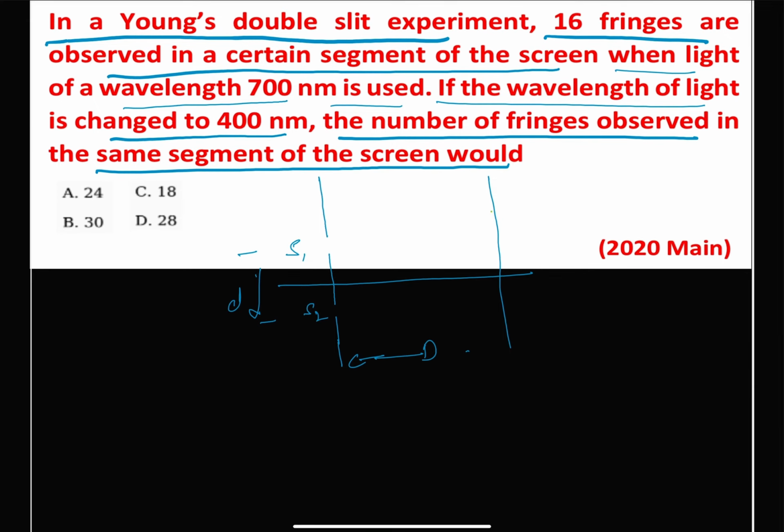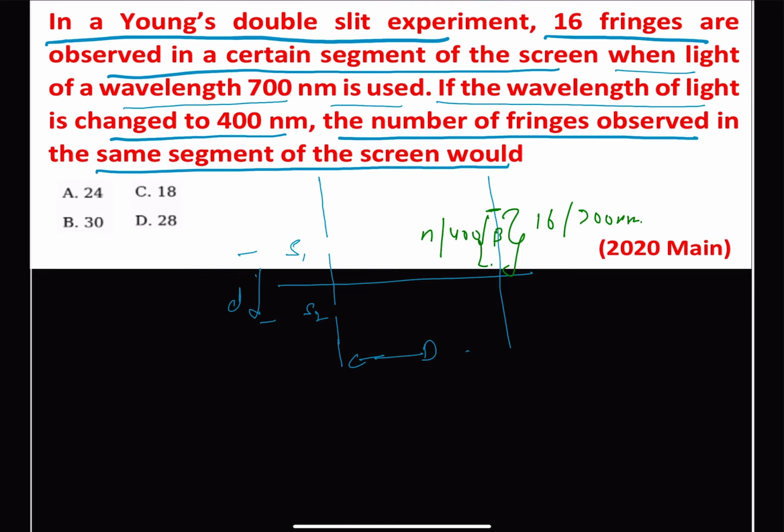Let us suppose this is the segment, and within the segment we are given 16 fringes when the wavelength is 700 nanometer, and we have to find out the fringes. Let us suppose there are n fringes within the same segment when the wavelength is 400. So this beta will be the same for both.